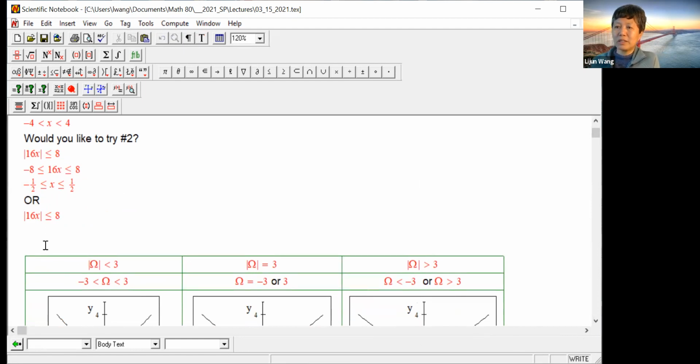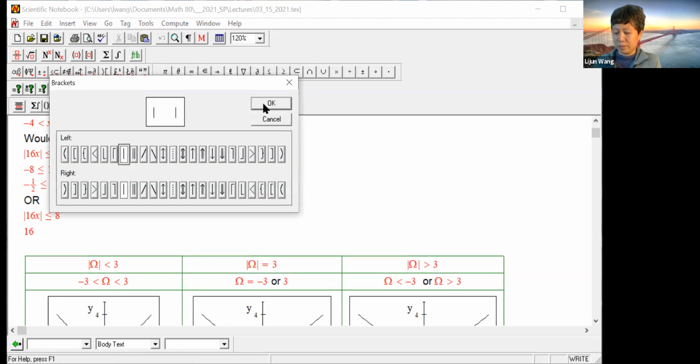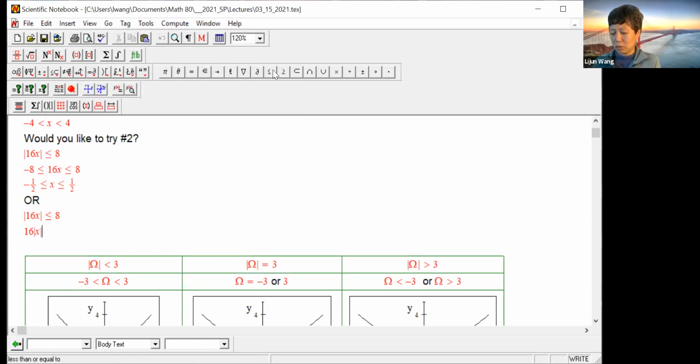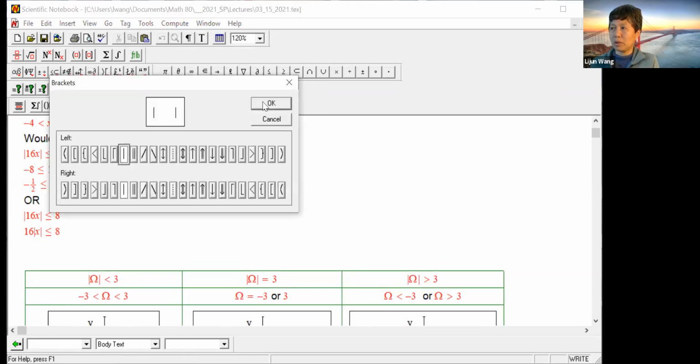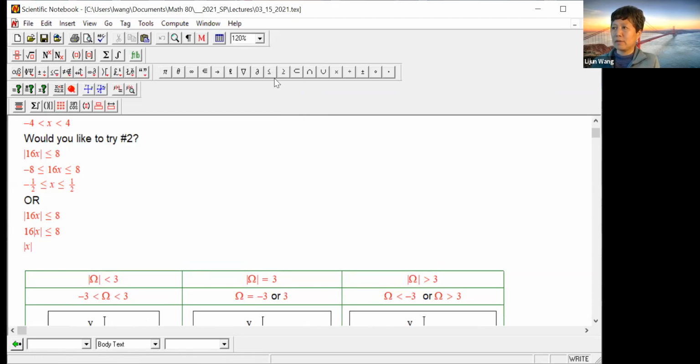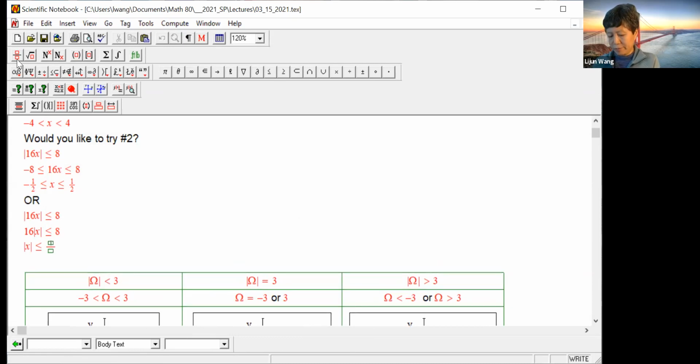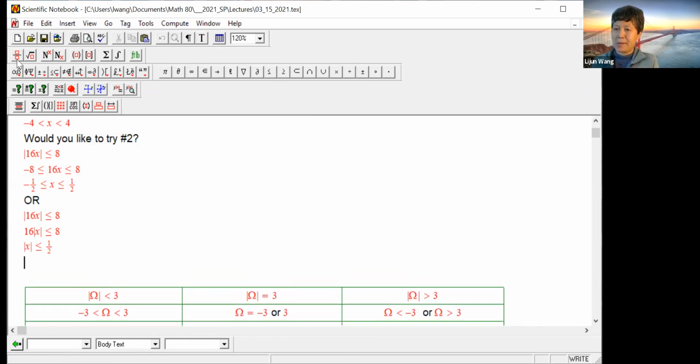Here we can divide both sides by 16, so 16 can be taken out, and that's less than or equal to 8 over 16, which is half. In the end, you get the same answer.